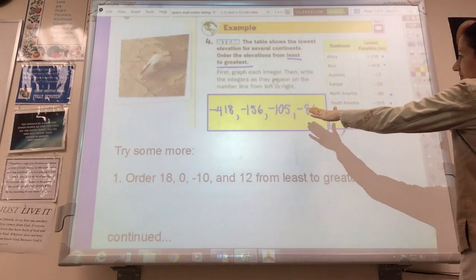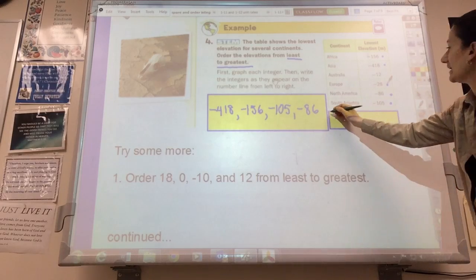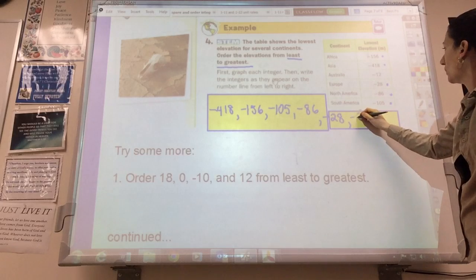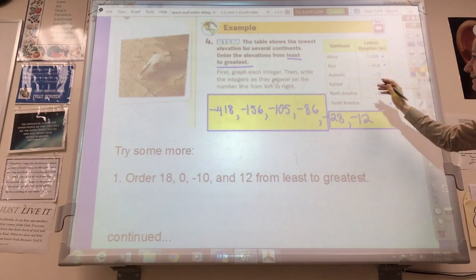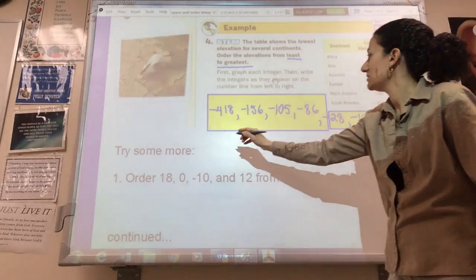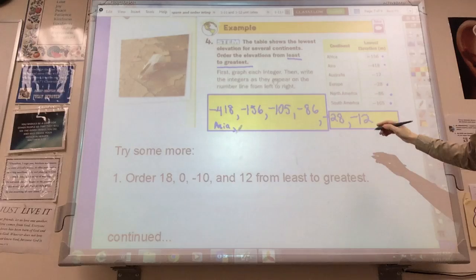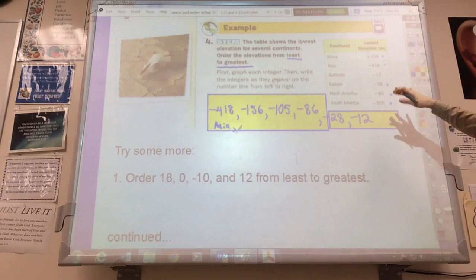-418, -156, -105, -86. What do I have left? -28 and -12. And then if I were to answer this question on a test, I would probably then put in the actual meaning. -418, that was Asia. So Asia has the lowest elevation point out of all these continents.